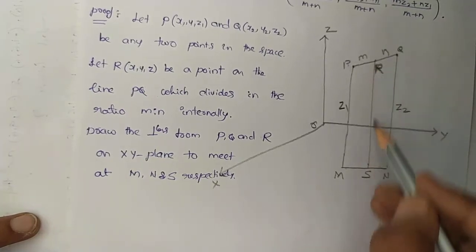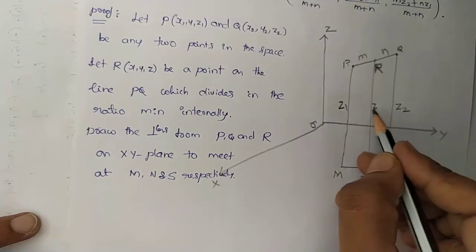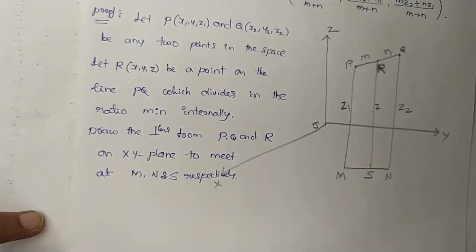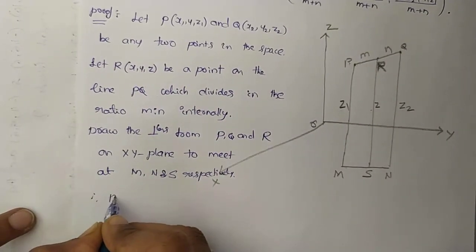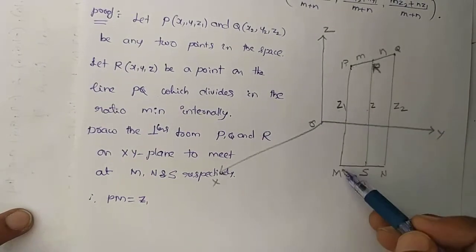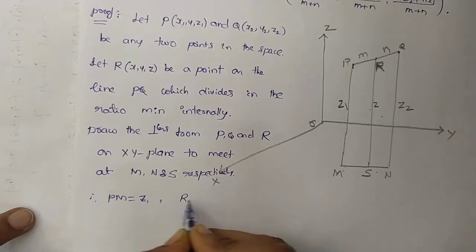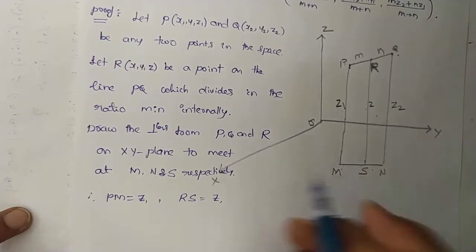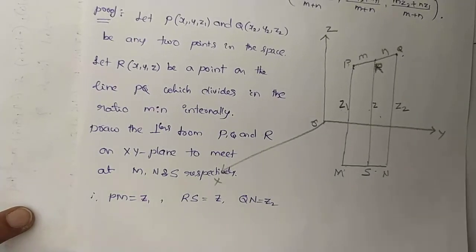Next, the distance of RS is z. Therefore PM equals z1, RS is z, and QN is z2.